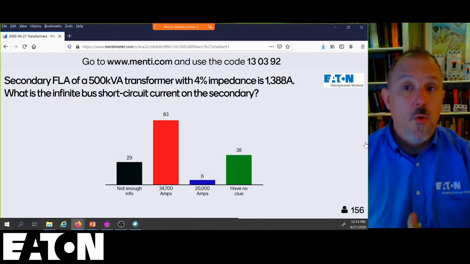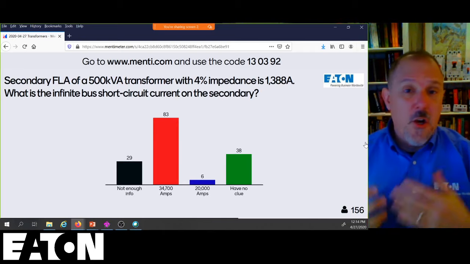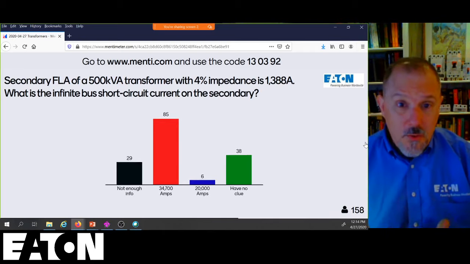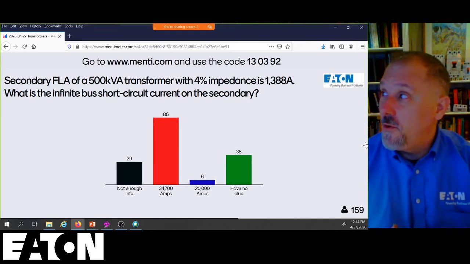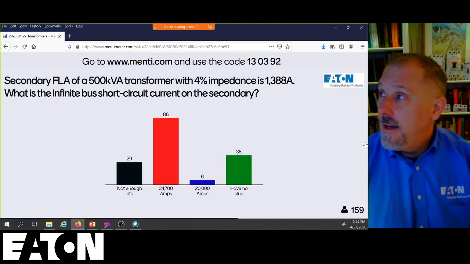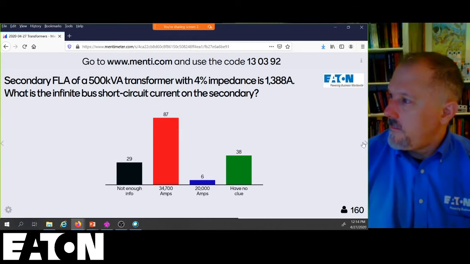And if you don't know what per unit is, you just did it. If you've never heard per unit before, that tool that power system engineers use, you just used per unit if you did that calculation. So congratulations, you are now a per unit guru.